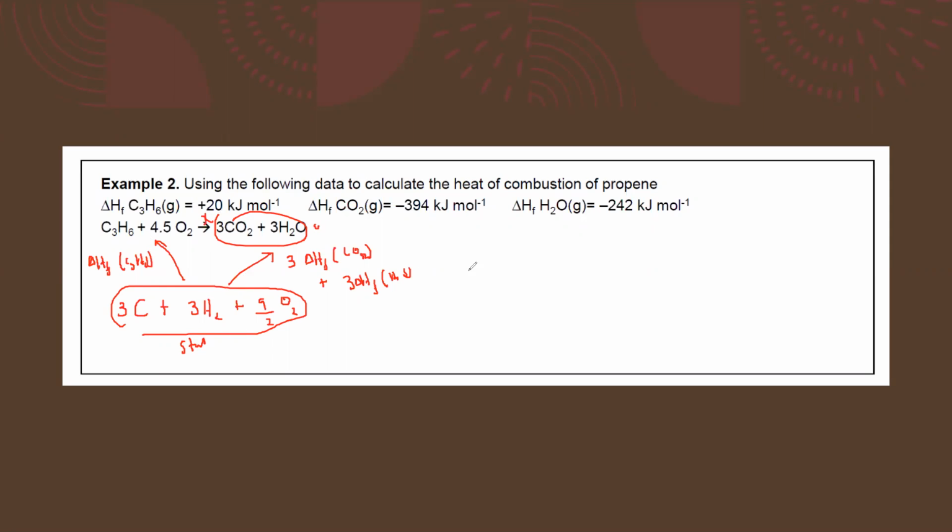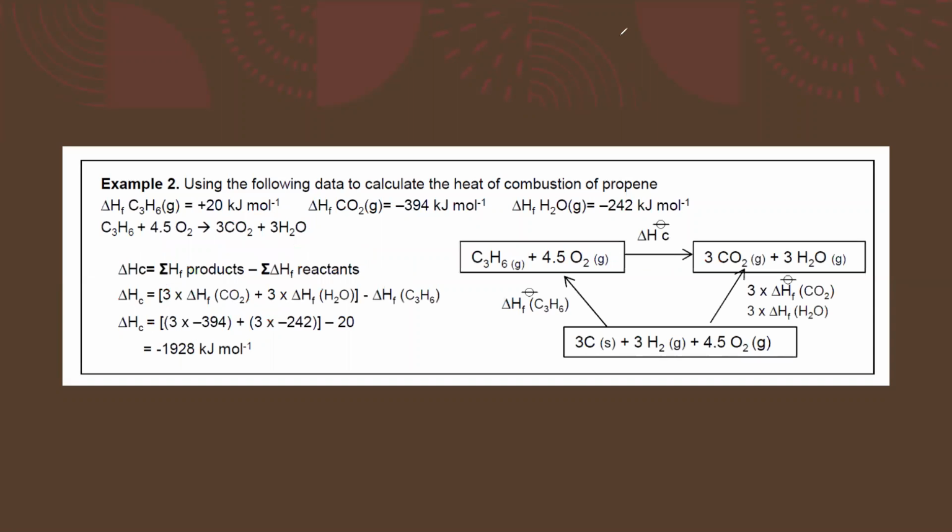So this plus this: the standard enthalpy change of formation of propene C3H6 plus X is equal to 3 times the standard formation of carbon dioxide plus 3 times the formation of the water molecule H2O. And then we need X, so it will move to the other side, we'll subtract and get the final answer. Is this example clear?